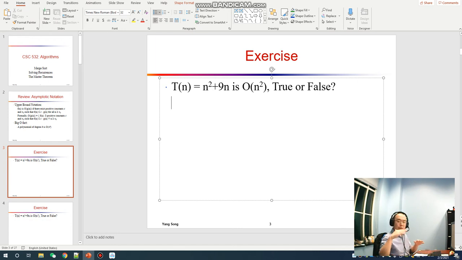We are trying to find the upper bound of the T(n). So our goal, remember, is to find an upper bound. How do we do that?